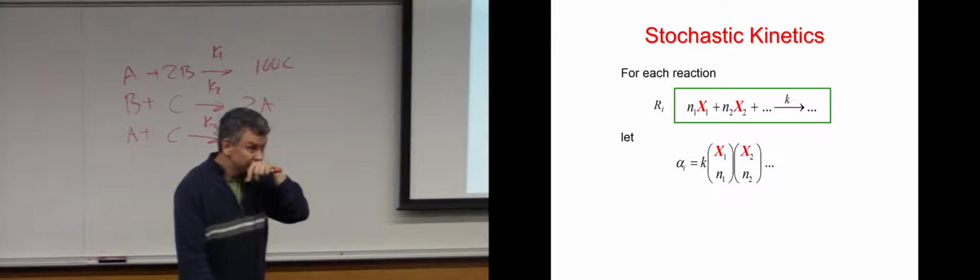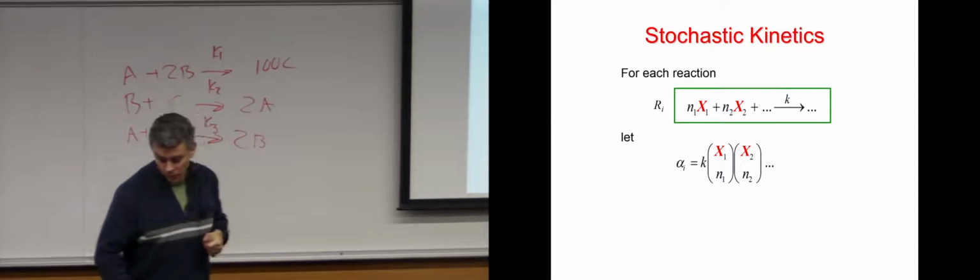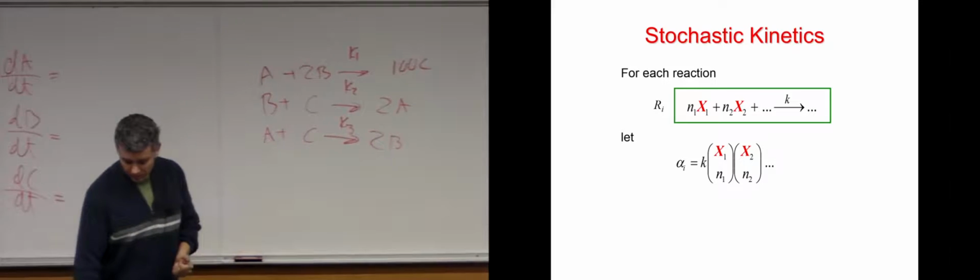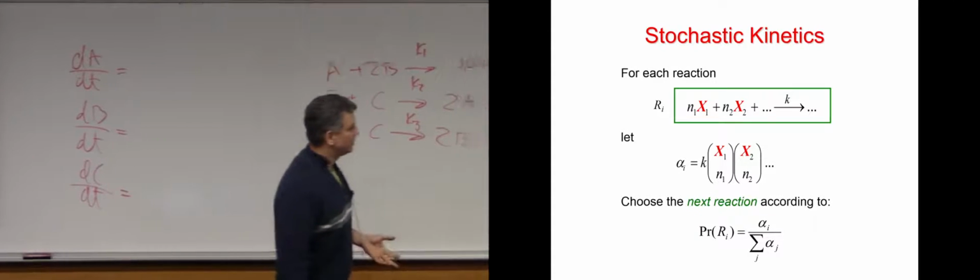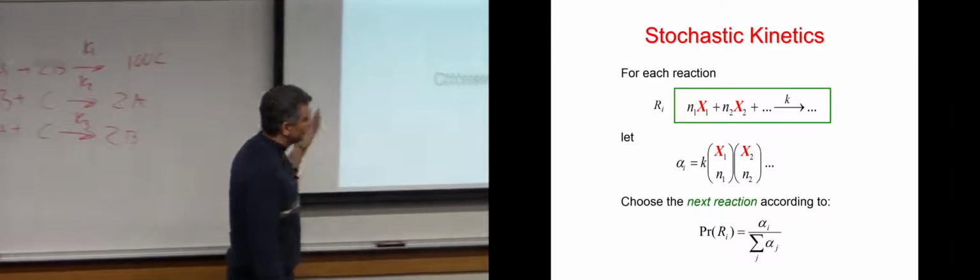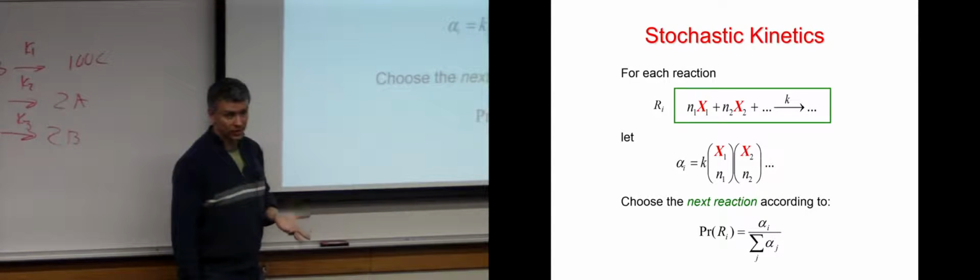Would be K into alpha I. So, I hope I'm not losing people here. It's simply going to be alpha I over the sum of all the alphas. So we're just going to normalize.